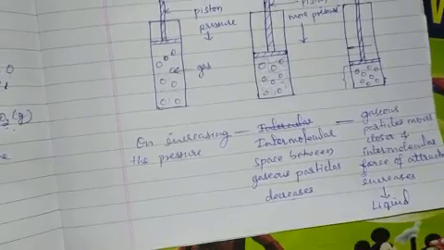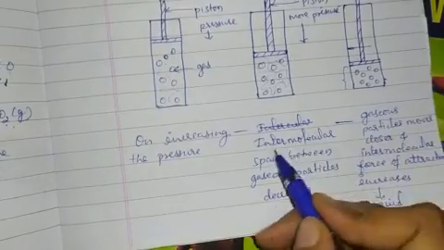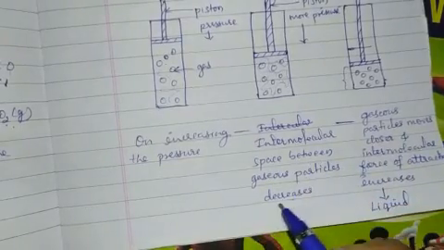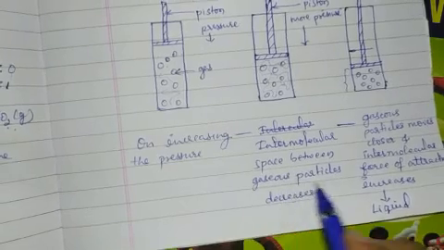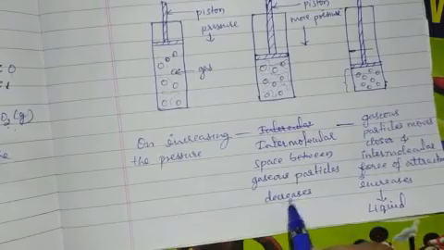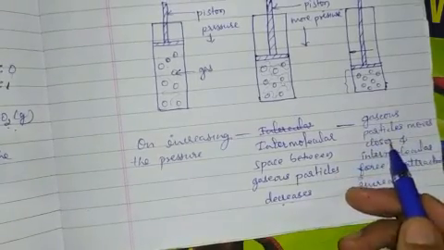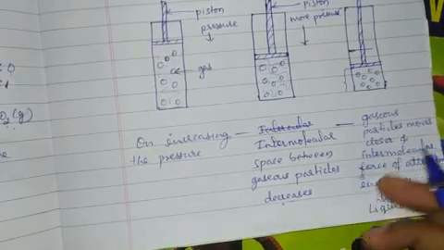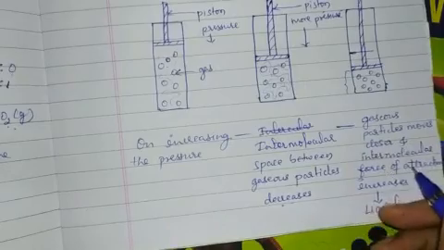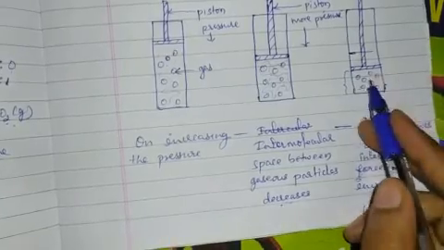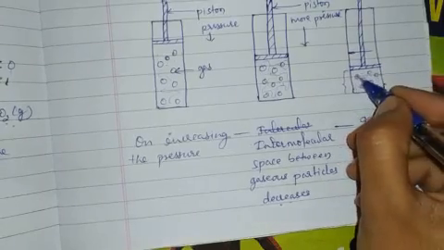So on increasing the pressure, the intermolecular space between gaseous particles decreases. As the intermolecular space decreases, these gaseous particles move closer, and as they move closer, the intermolecular force of attraction between these gaseous particles will increase.